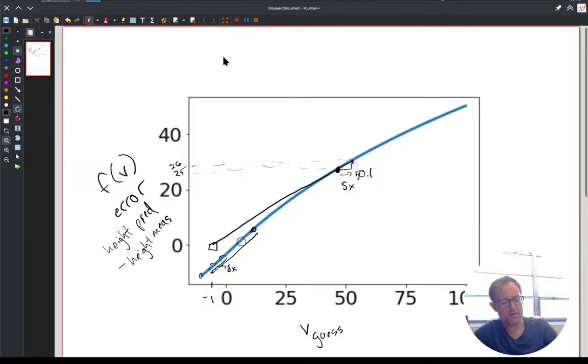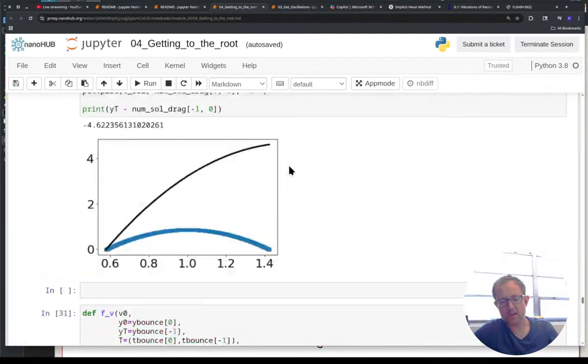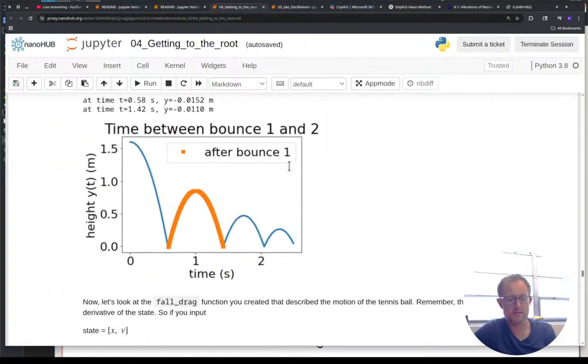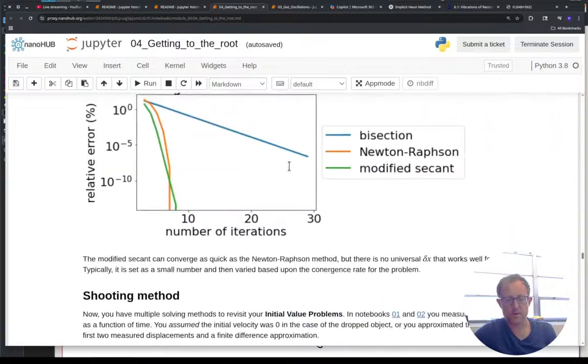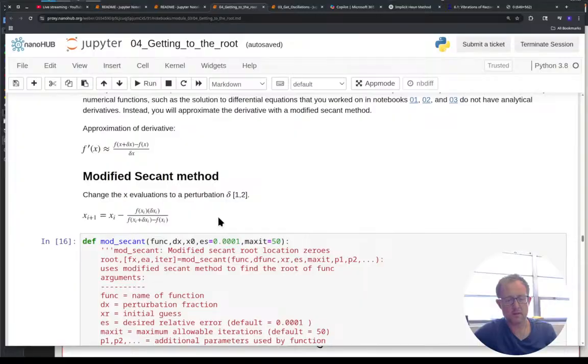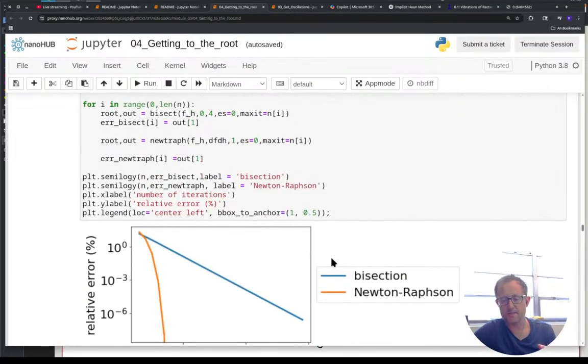So one of the methods we looked at for these root finding was called bracketing. There were two classes of methods in this reading. One was the class of open methods, so modified secant and Newton-Raphson. Those are both fast and open methods. If things go well, they're the fastest way to get to the root of the function.